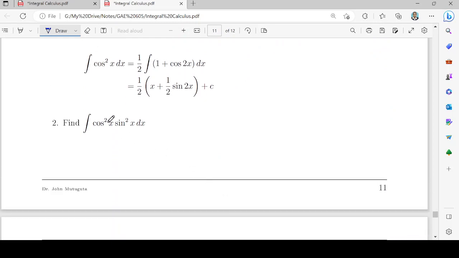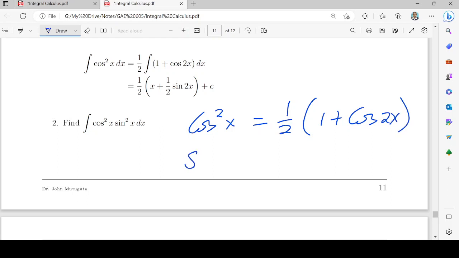We can now have cos squared x times sine squared x. Here we are going to replace cos squared x with 1 over 2 into 1 plus cos 2x, and we are going to replace sine squared x with a half into 1 minus cosine of 2x.